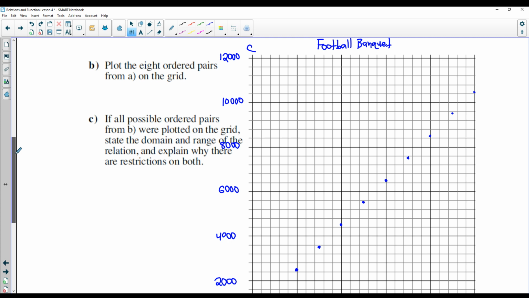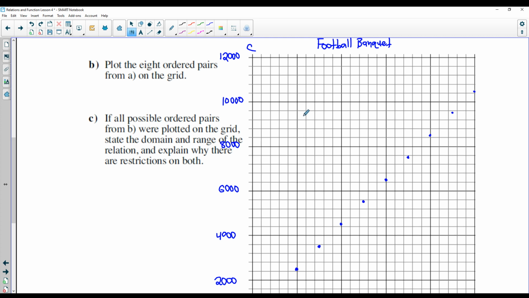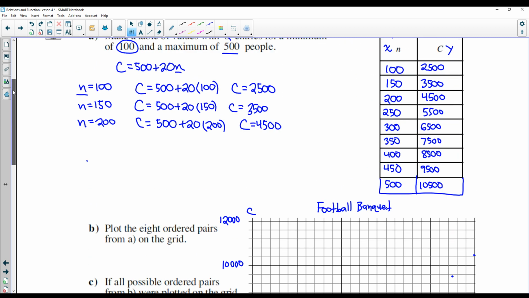Okay, now it says, if all possible ordered pairs from B were plotted on the grid, state the domain and range of the relation and explain why there are restrictions on both. Let's go back up to the problem here and just identify what it says.